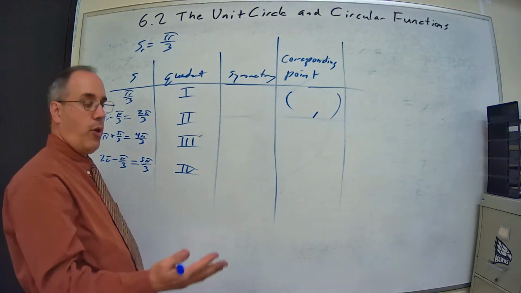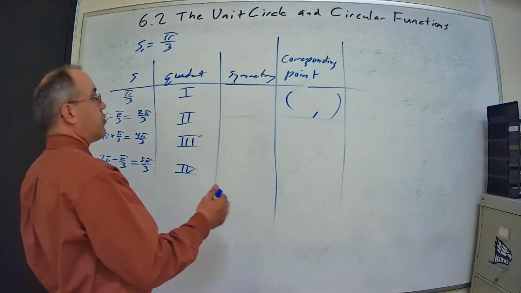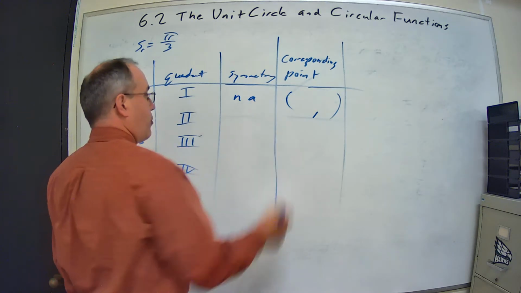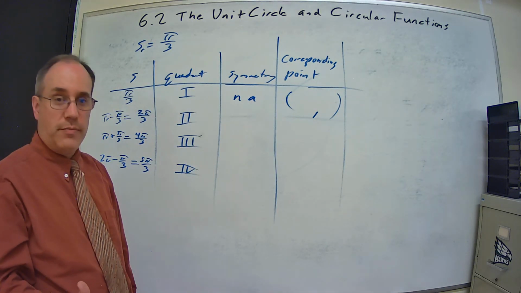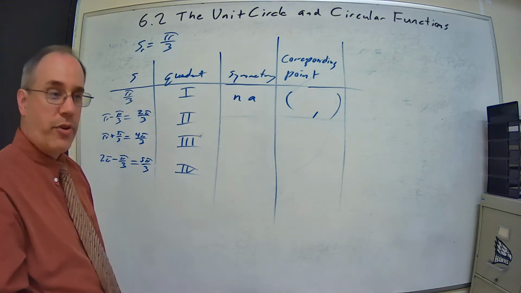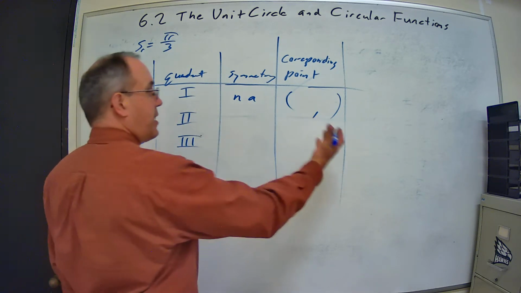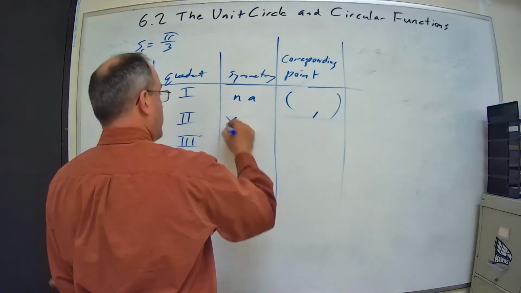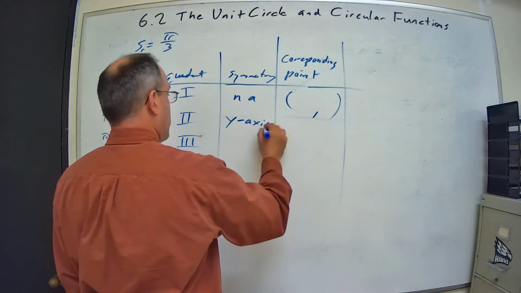If you think about it, what happens? If we're in the first quadrant, there is no symmetry to that point. It's not applicable because we're at that point. When we go into the second quadrant, we're taking that point and flipping it over the y-axis. So symmetry is with respect to the y-axis.